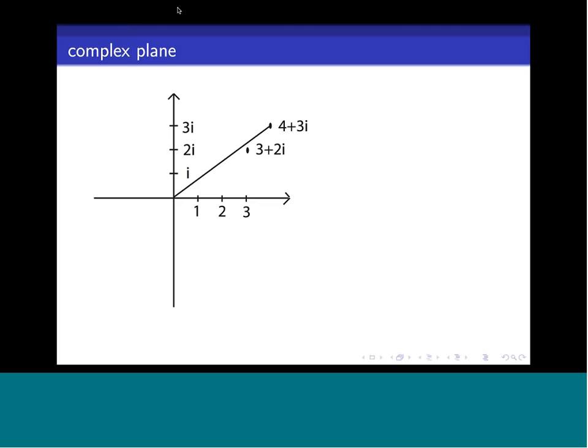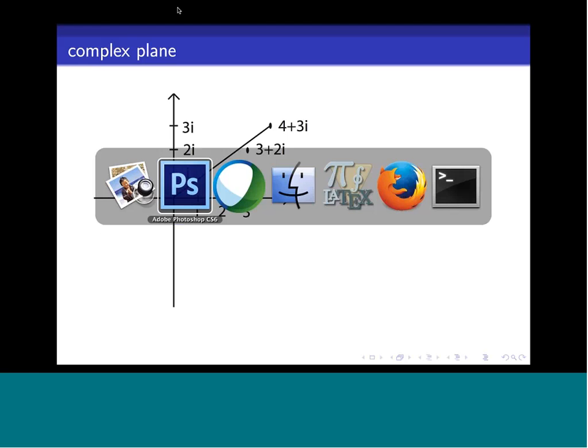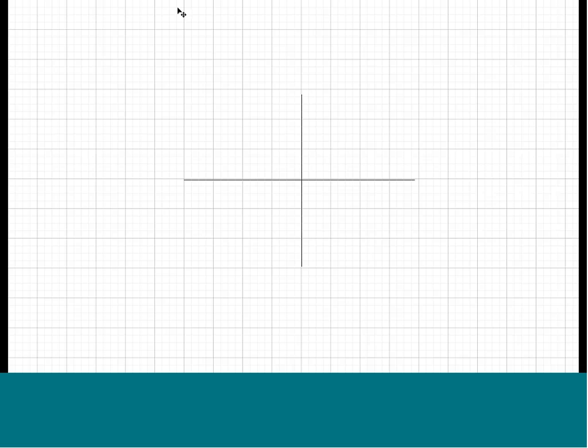That plane essentially is the Cartesian plane, the same plane, but we give every point a different label, like 3 plus 2i is over there, like 4 plus 3i is over there. You see it?